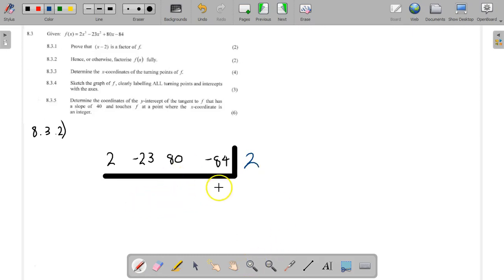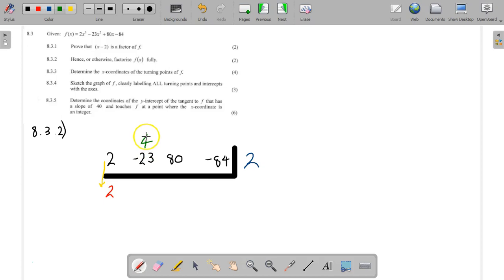Now, once I've set this up, my first thing is to bring down this 2. I'm going to write that in red. And then I'm going to take this value here and multiply it by that value there. So 2 times 2 gives me 4. Let's write 4 on top here.